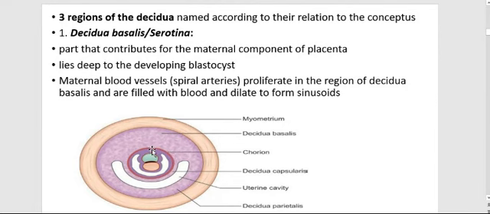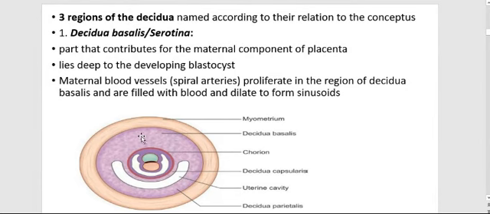Now, there are three regions of the decidua. They are given names relative to the position of the blastocyst. So we have this part of the decidua, which is deep to the blastocyst.